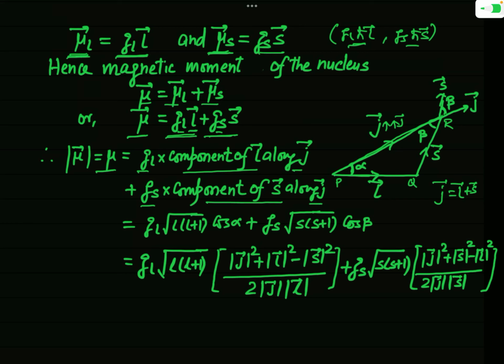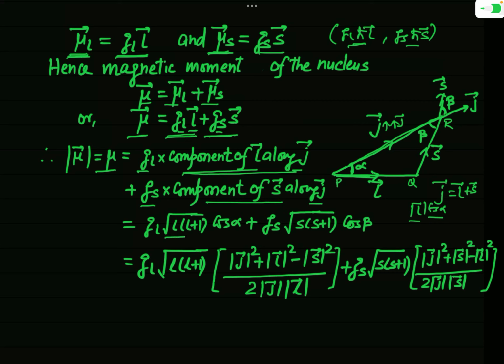Okay. Now see, the L vector makes an angle alpha with J. So what will be the component of this vector L along J? This will be simply the modulus of L times cos alpha. So the component of L along J will be the modulus of L times cos alpha, and the modulus of L is what?